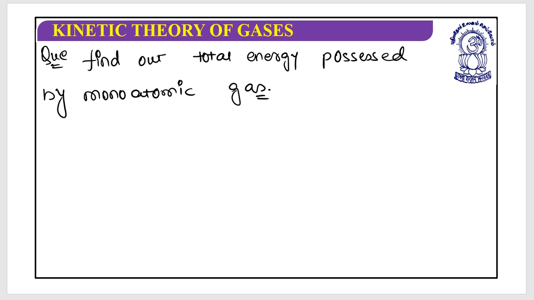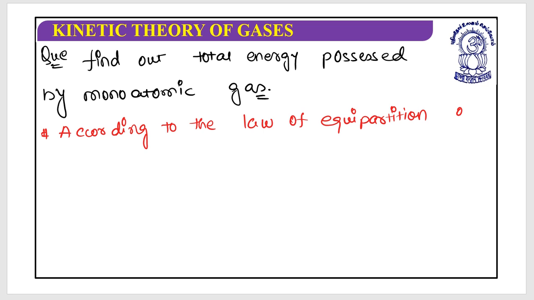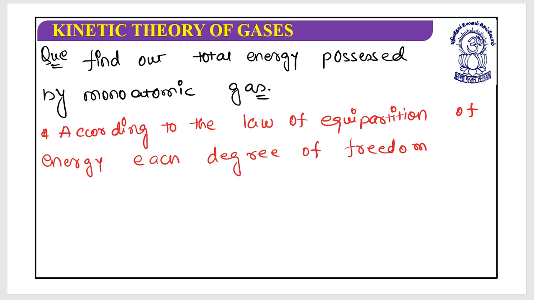From degree of freedom, we must understand that according to the law of equipartition of energy, each degree of freedom contains half kBT energy. I hope this is clear.